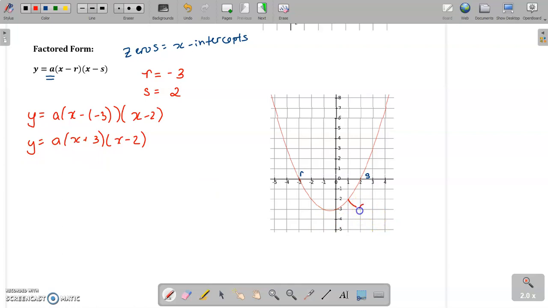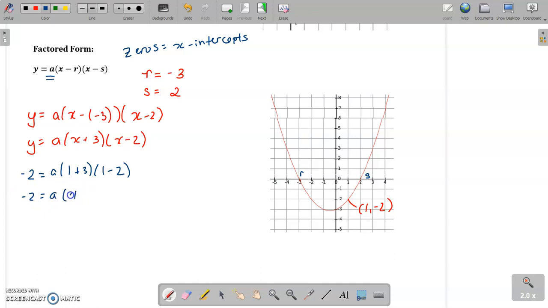Here this would be 1, -2. So we would have -2 for the y, and then anywhere we see x, we replace it with 1. So 1 plus 3, 1 minus 2. And then we're going to solve for a.